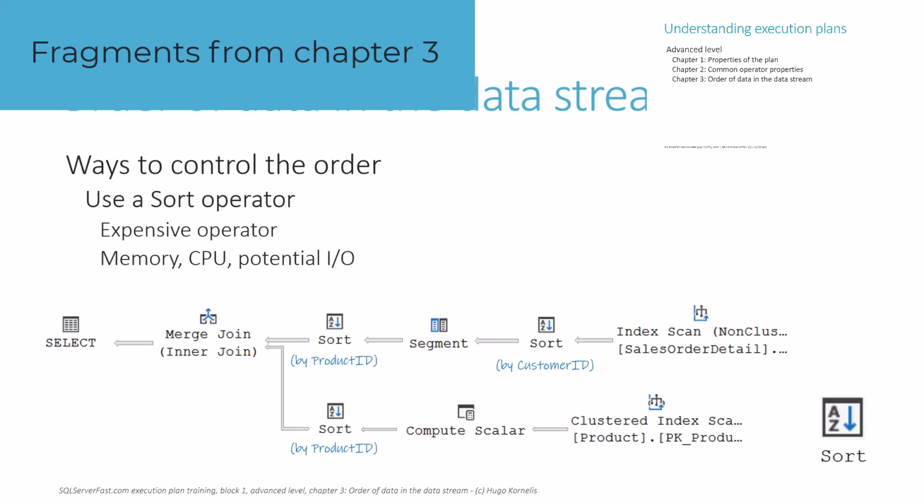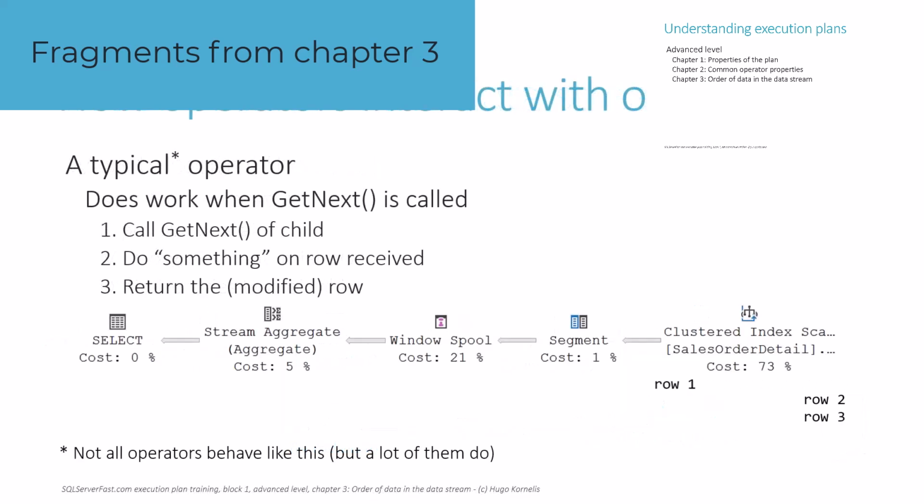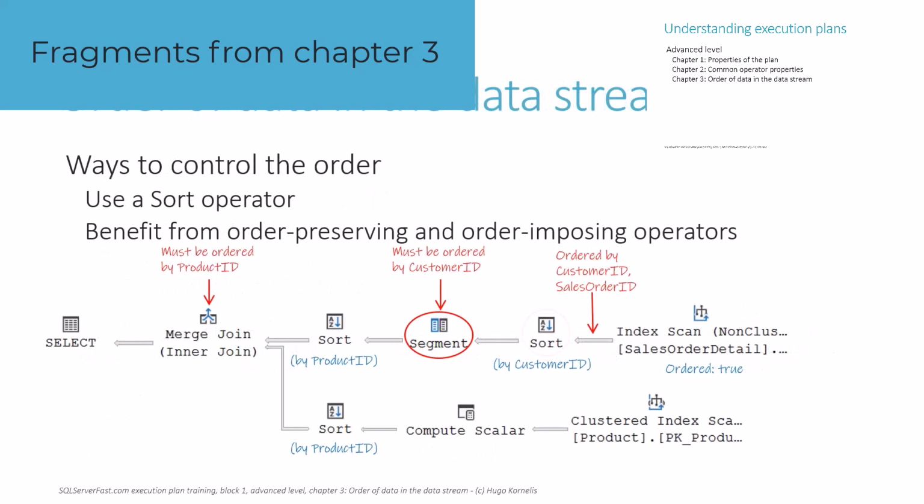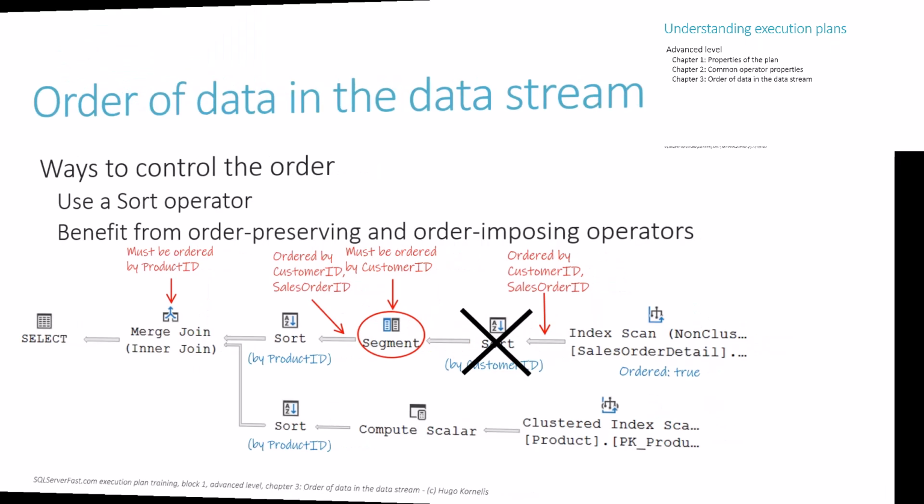And yet other operators require their input to be ordered in a specific way. When the optimizer creates an execution plan, it keeps track of the order by using its knowledge of which operators impose a certain order and which operators preserve that order to determine whether or not it needs to resort the data before feeding it to an operator that expects its input to be ordered.